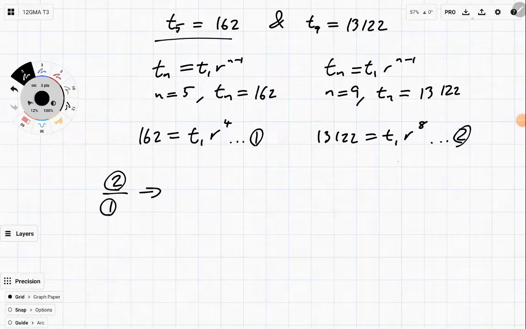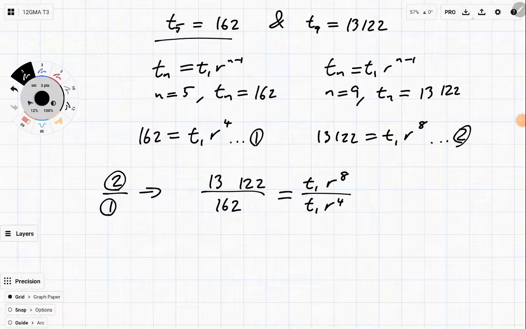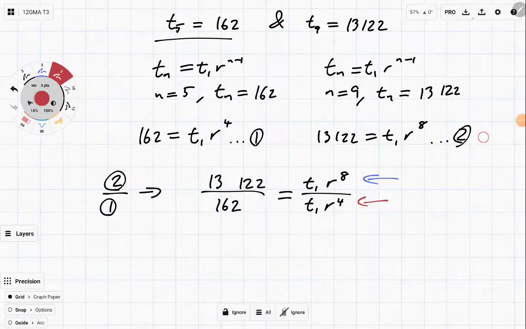So we're going to get 13,122 over 162, T1 r to the 8 over T1 r to the 4. Notice it's literally equation 2 on top of equation 1. Left-hand side divided by left-hand side, right-hand side divided by right-hand side.